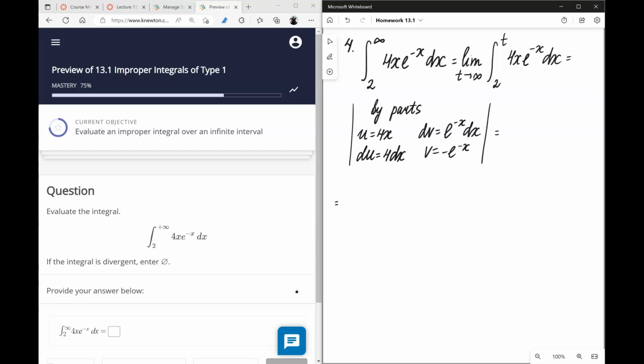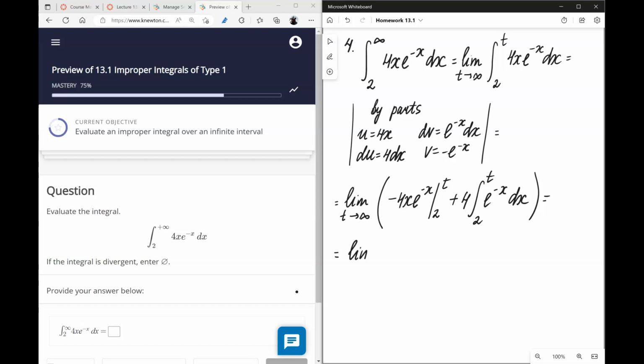So the problem is the limit as t goes to infinity, it's going to be uv. So we have -4x e to the -x from 2 to t minus integral of v du. So it's going to be plus 4 integral of e to the -x dx from 2 to t.